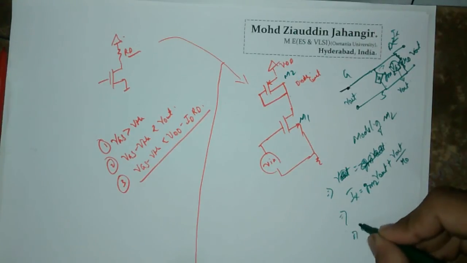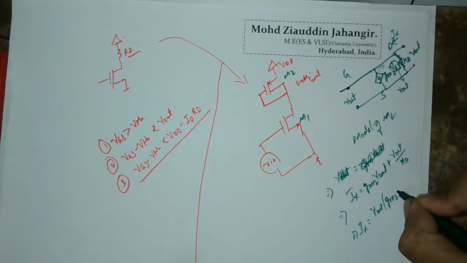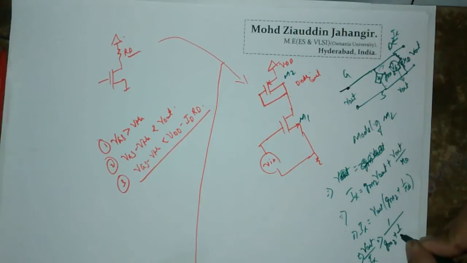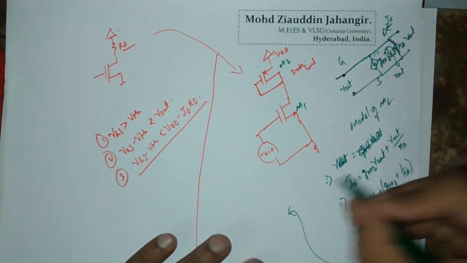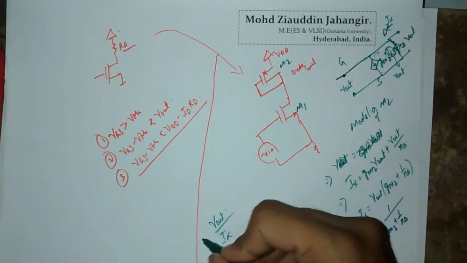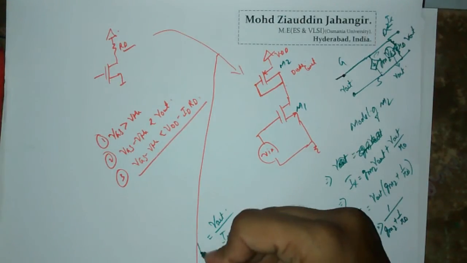So from this, Ix is going to be Vout taken common, times GM2 plus 1 by R0, or you can write Vout divided by Ix is equal to 1 by (GM2 plus 1 by R0). This Vout divided by Ix I will represent by a resistor Rx.